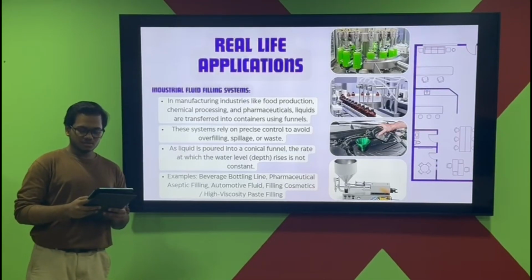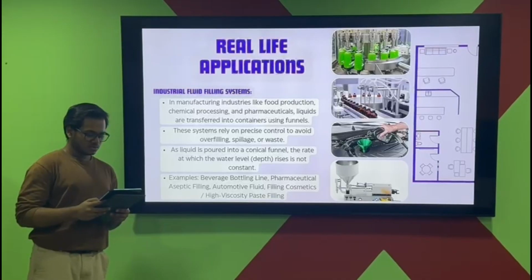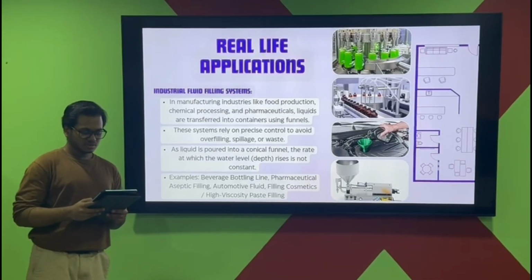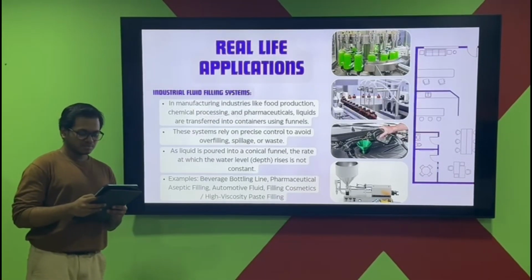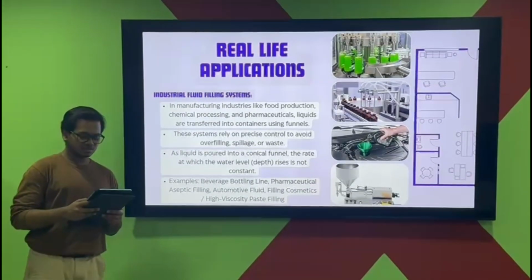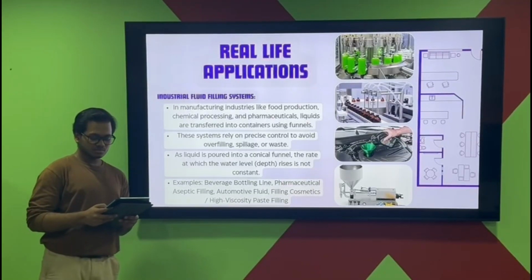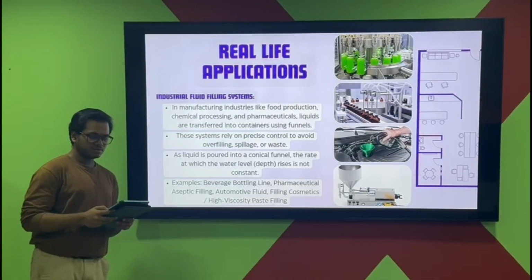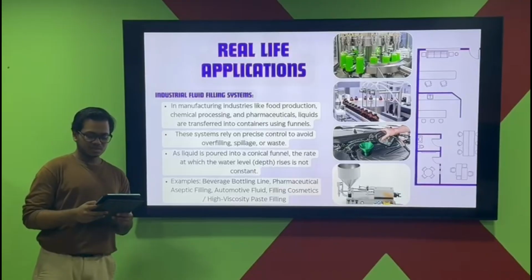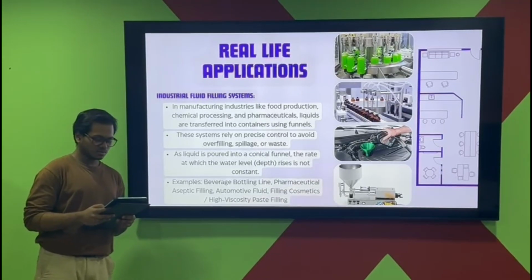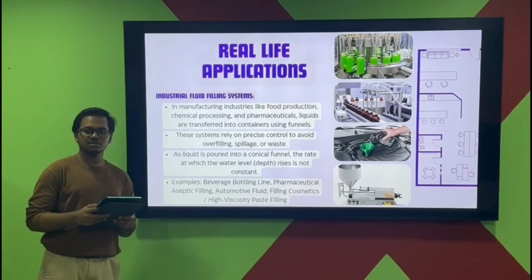If the filling is too much, it leads to overfilling and spillage. If it's too little, the product doesn't meet quality standards. This could cause problems with customers or even violate safety regulations, especially for pharmaceutical products where the right dosage is critical.